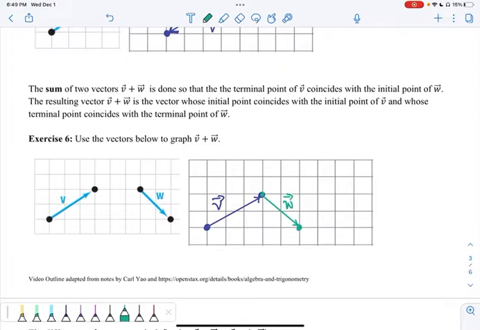And then the vector v plus w is just going to be, let me redo that one here so it starts at the right spot. It's just going to be the vector that starts at the starting point of v and ends at the ending point of w. Does that make sense? This vector is v plus w.